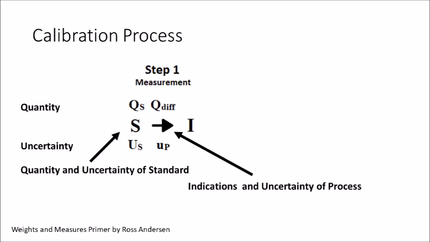If we follow the definition and break it down into its component pieces, the first step is to take a standard where we have a quantity value and an uncertainty value assigned to that standard. We take a process, a measurement process where we know the uncertainty, and we produce indications. These are the 4 pieces mentioned in step 1 of our definition.